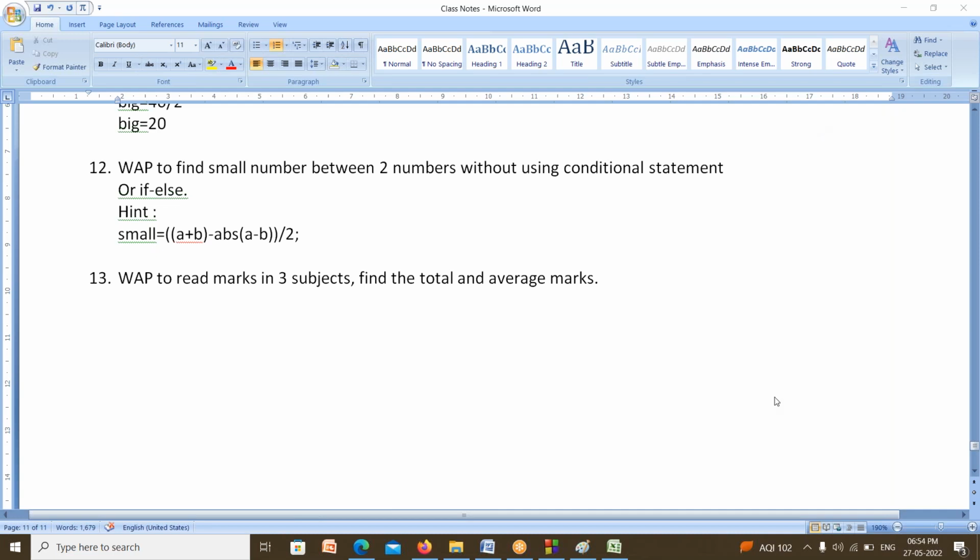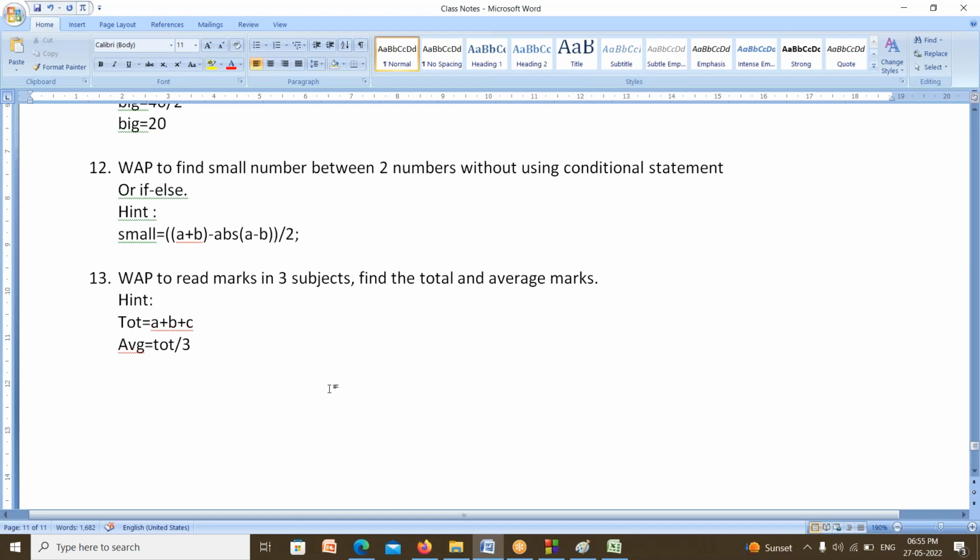Now how to find the average? The average equal to total by 3, am I right? Now print total and average. So this is also a homework program. I will give a hint. Total equal to A plus B plus C. Average equal to total by 3. Right? This is the part.